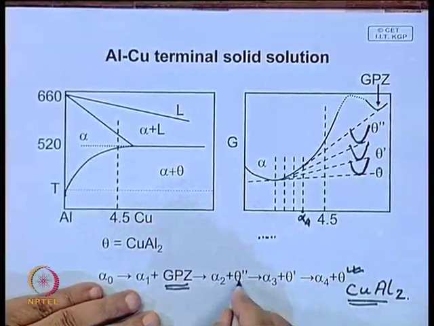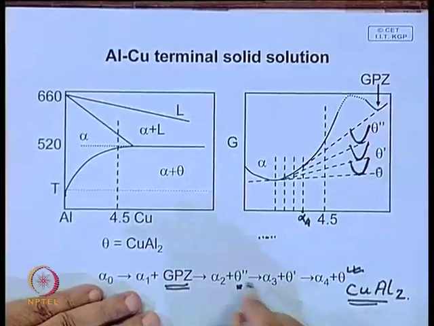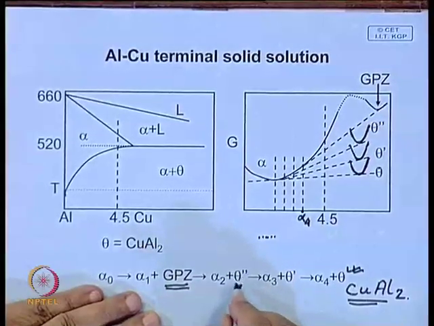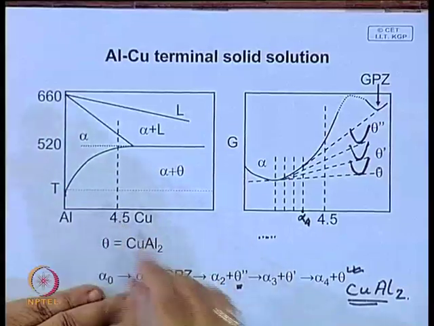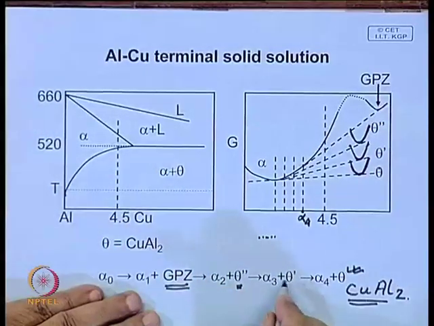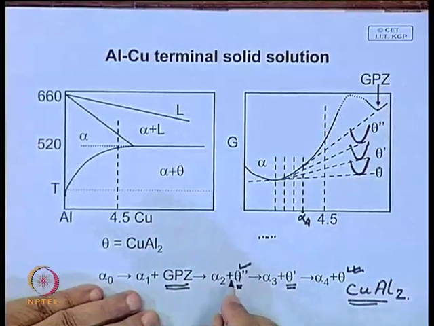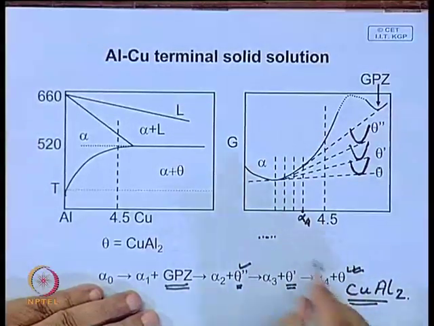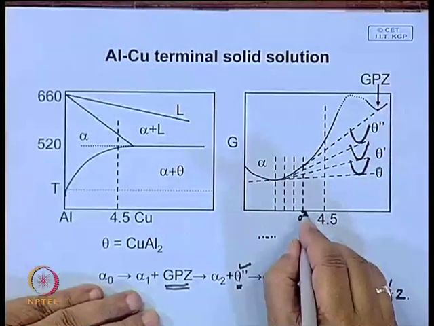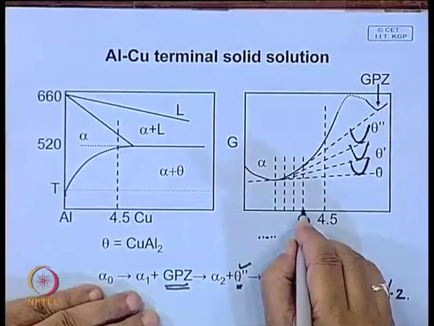Next is theta double prime, which has a definite crystal structure, we will come to know about it, and in a certain direction its lattice parameter may be exactly similar to that of aluminum. So, that will be the preferred plane on which this precipitate will form. Theta prime also has a slightly different structure than theta double prime, and finally it goes on changing, and you can see this has the highest solute content.